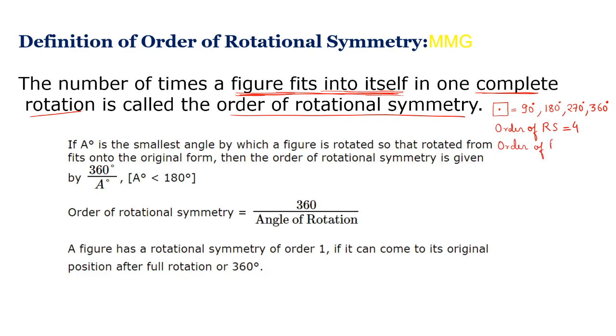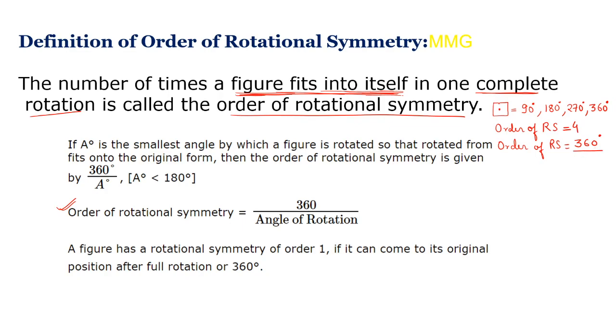And how will you find the order of rotational symmetry? I have written the formula, children. You can see here I have written the formula. Order of rotational symmetry equals one complete turn, which is 360 degrees, at the numerator, divided by the angle of rotation.